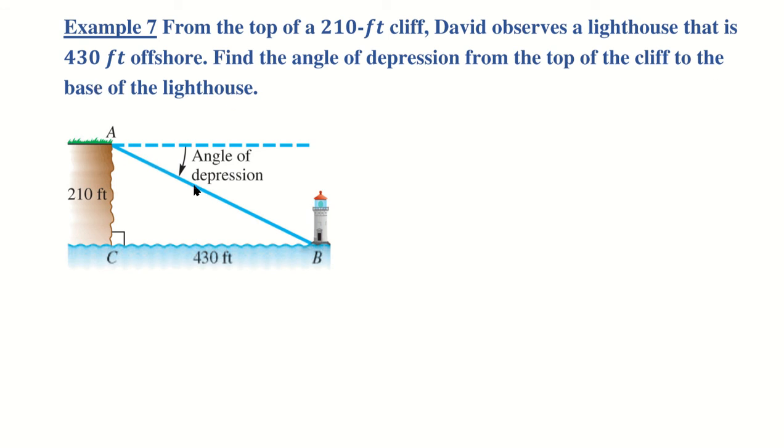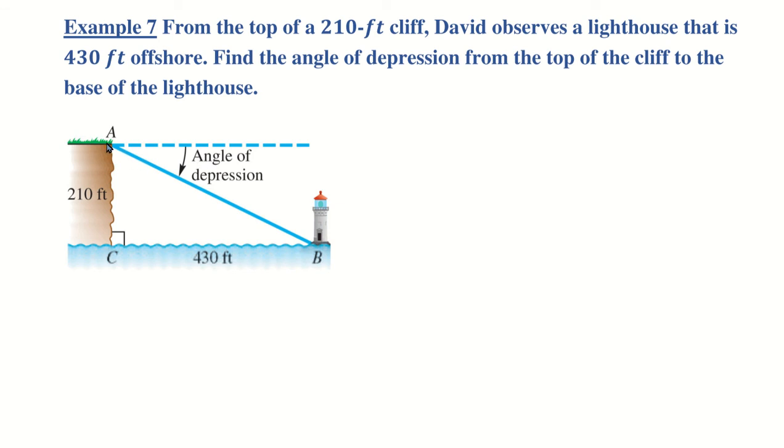Now, the reason that this is important, and I wanted you to see it before we end the lesson, is because a lot of times students incorrectly label this part as the angle of depression. Remember, the angle of depression is always the angle that is made with the horizontal from the point of view, right?